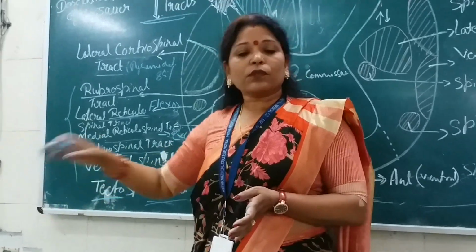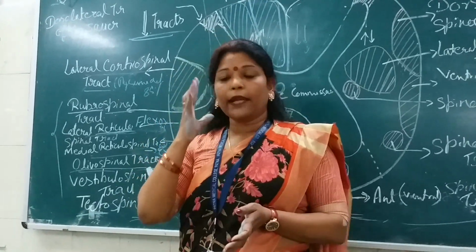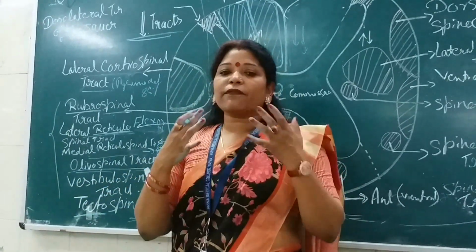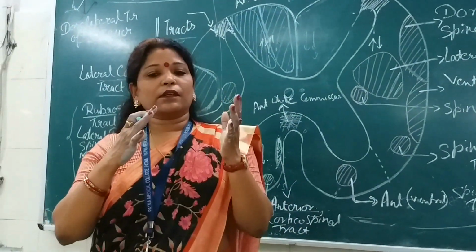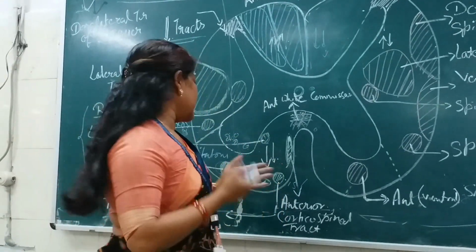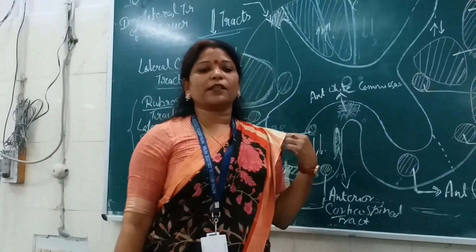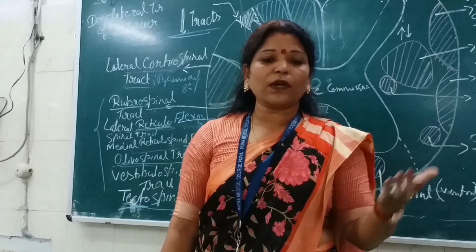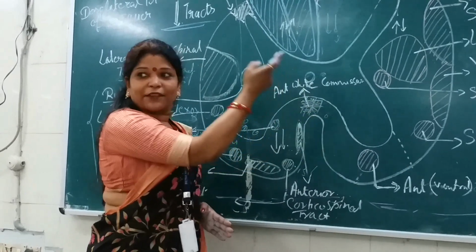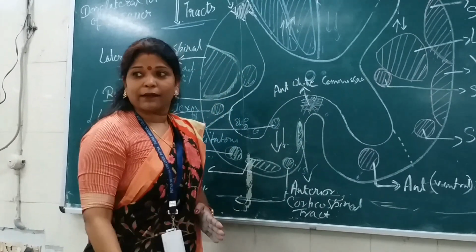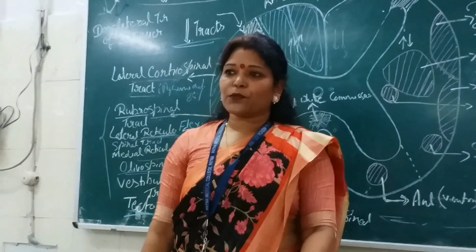This movement of the head towards the visual stimulus, turning my head and neck to that side, is known as the spino-visual reflex. The sudden movement of the neck and head muscles is under the control of this tectospinal tract. That means this tract participates in the spino-visual reflexes. The sensation is carried by the ascending fibers, and the motor fibers involved in commanding what to do now are under the control of the tectospinal tract.